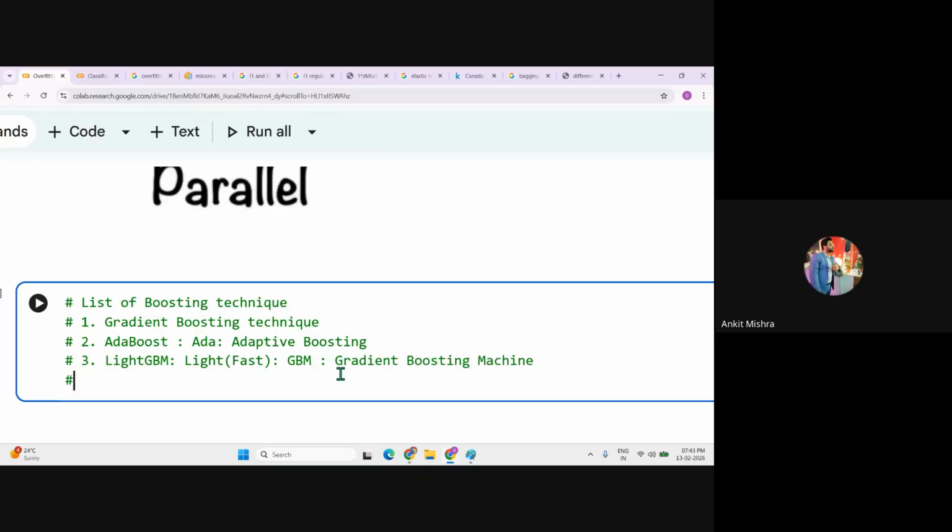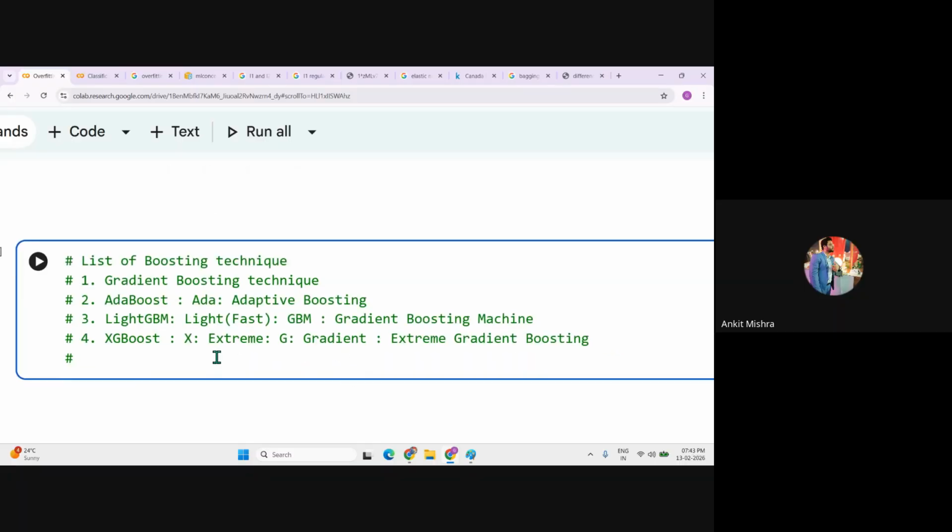The fourth boosting technique that we have is called XGBoost. X is extreme here, and G is gradient, so it becomes extreme gradient boosting.